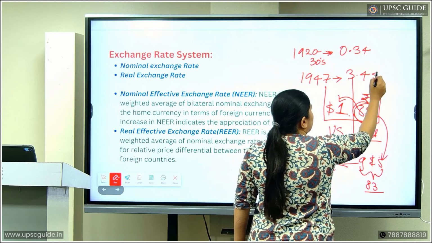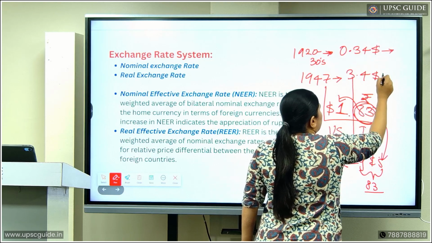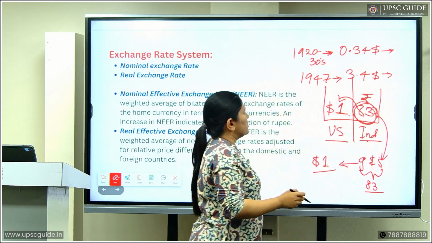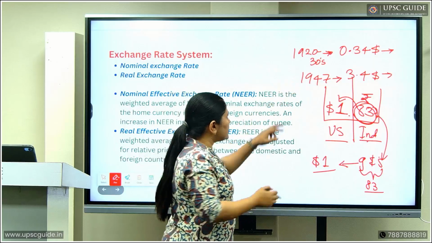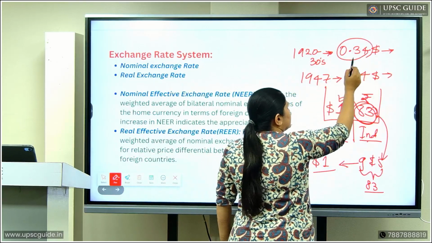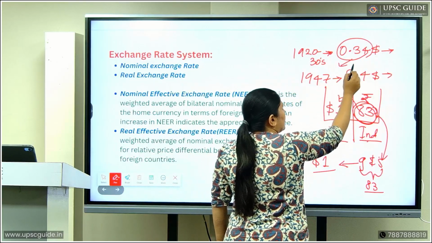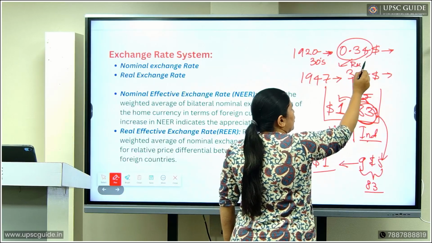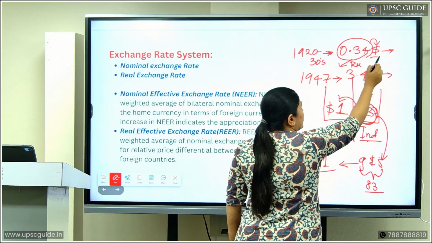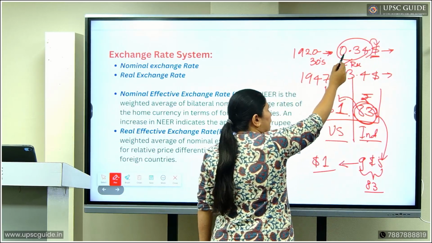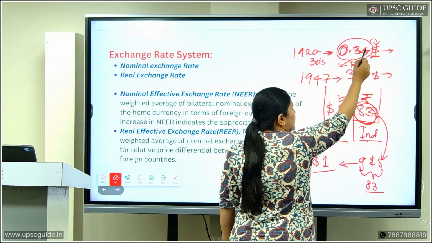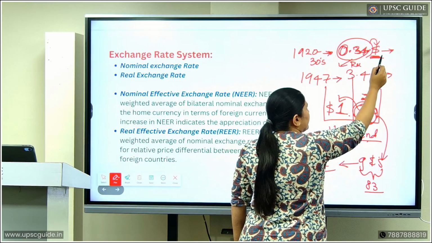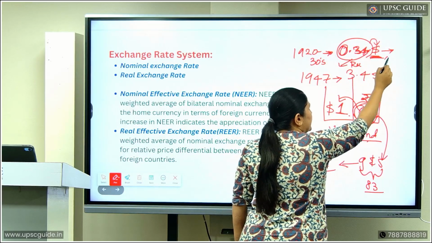So this was the valuation: if you give 0.34 rupees, then you would have gained the value of $1.